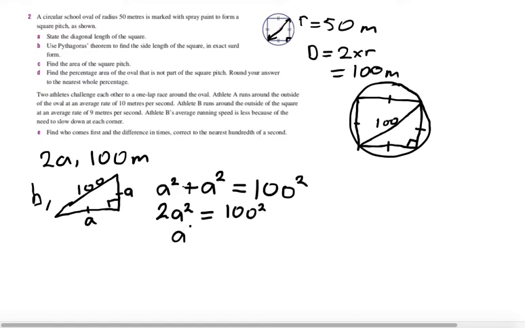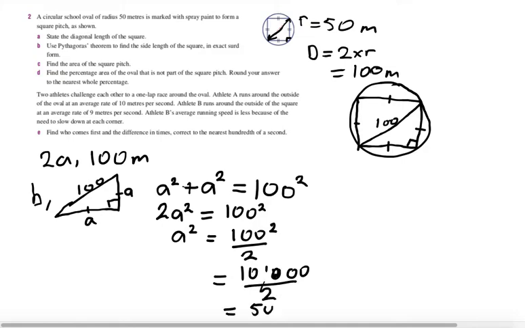Therefore, A squared equals 100 squared divided by 2. So let's work that out. On a calculator, 100 squared equals 10,000, divided by 2, which equals 5,000.